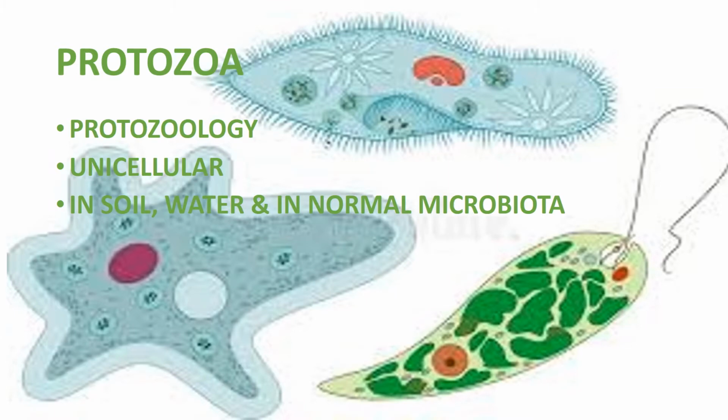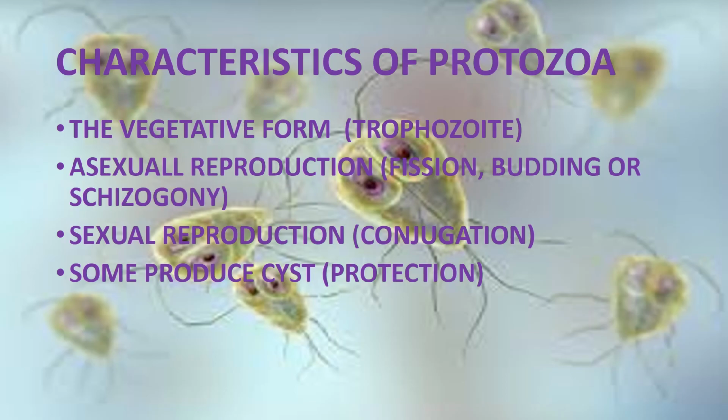Protozoa. Protozoa are unicellular, eukaryotic chemoheterotrophs. Protozoa are found in soil and water and as normal microbiota in animals. Characteristics of protozoa. The vegetative form is called a trophozoite.